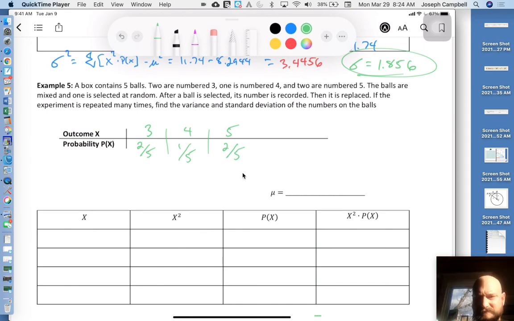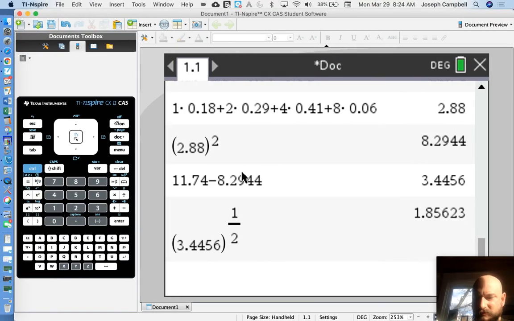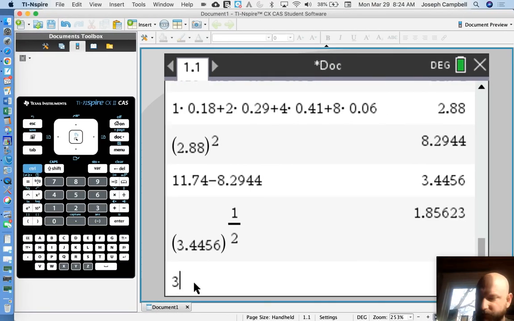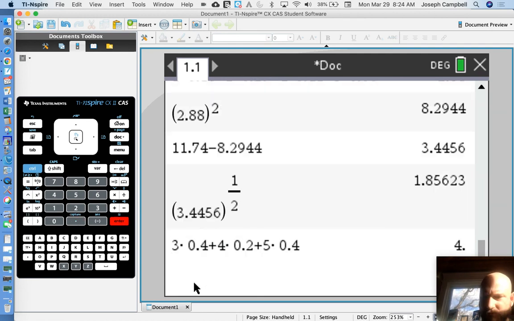Okay, let's calculate that mean, and then we'll square it. So that's 3 times 0.4, plus 4 times 0.2, plus 5 times 0.4. Okay, our mean is 4, which means our mean squared is clearly 16.